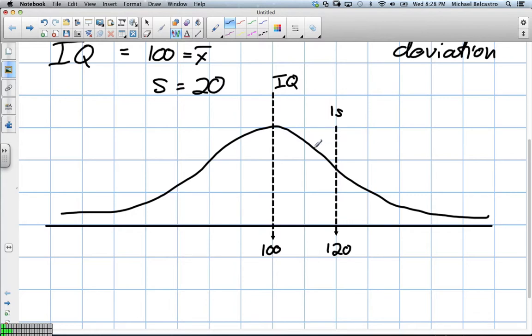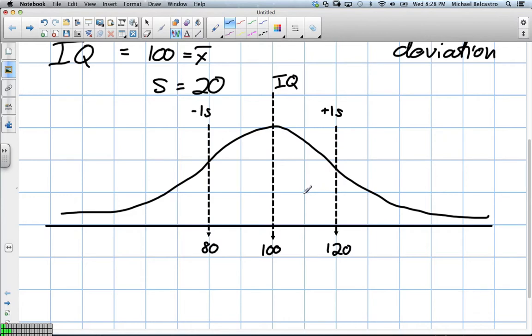Standard deviations from the mean work to the left and to the right. We talked about this last time, right? To the left here, you have another one. If we took 100 and subtracted 20, we'd have 80. So one standard deviation both ways. This is in the positive direction and this is in the negative direction. They're still one standard deviation away.